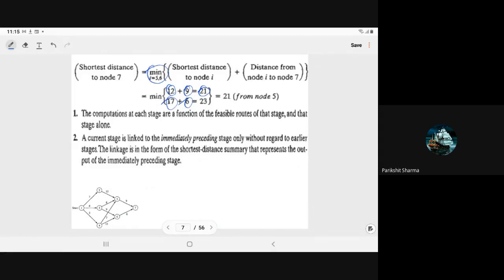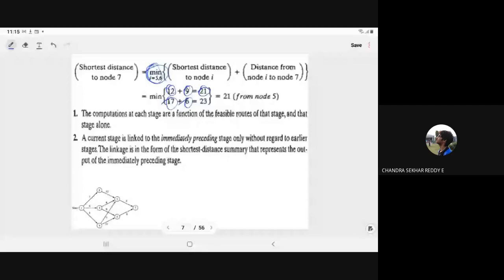The computation at each stage is a function of the feasible route. Means in each stage we have to check the feasibility, and you have to check it in that stage only. The current stage is linked to the immediately preceding stage only, without regard to earlier stages.